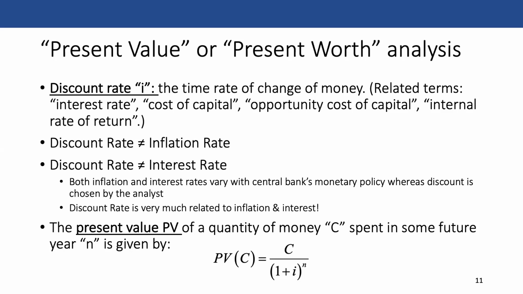People will have some related terms, such as interest rate, cost of capital, opportunity cost of capital, internal rate of return. All of these concepts are related to the discount rate, but you can think of it basically as how the value of money changes over time.